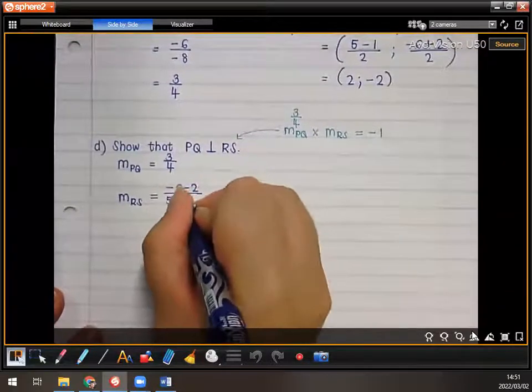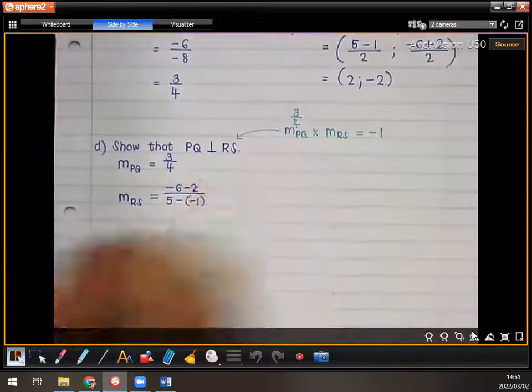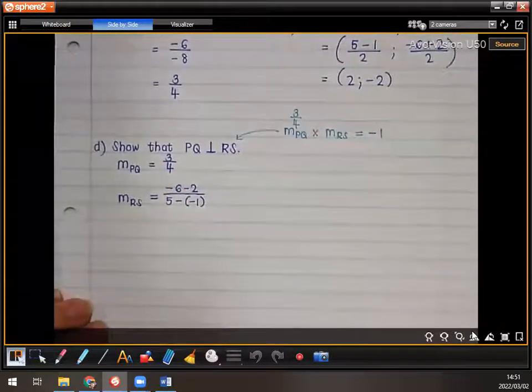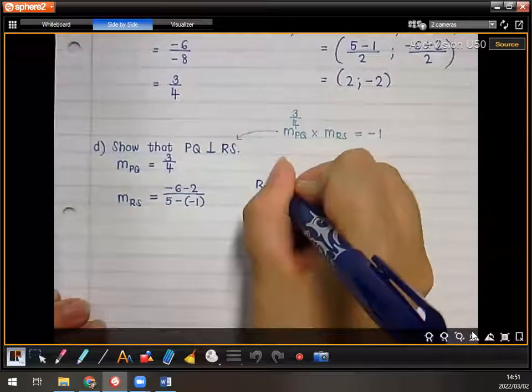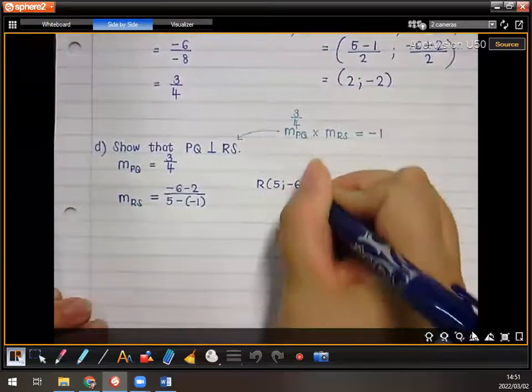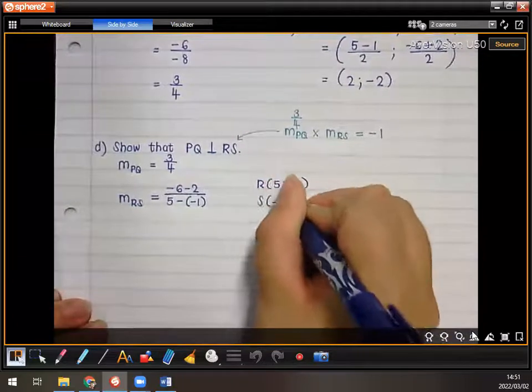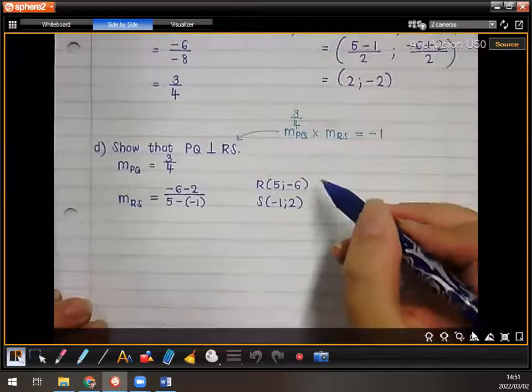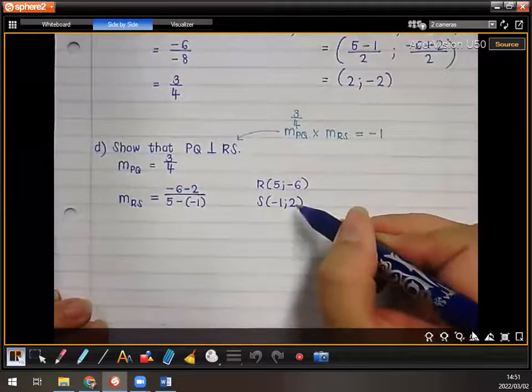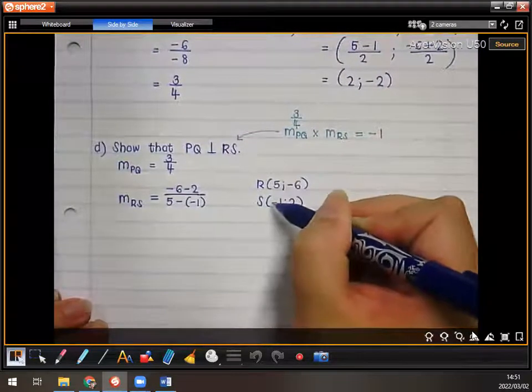You can write that as 5 plus 1, whichever you want to. R was 5, -6, and S is -1, 2. So I'm doing change in y, that one minus that one, over that one minus that one.